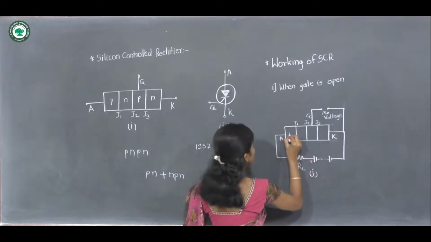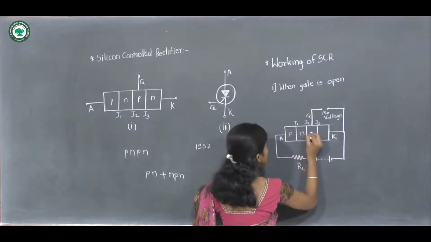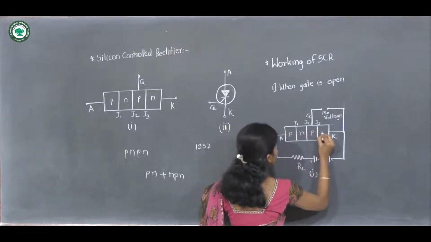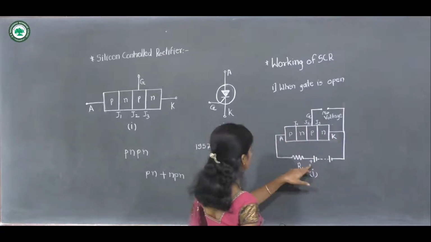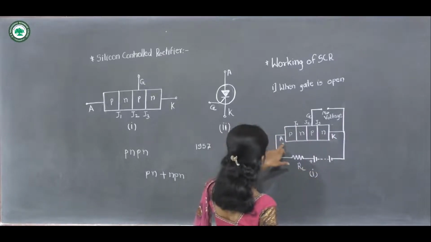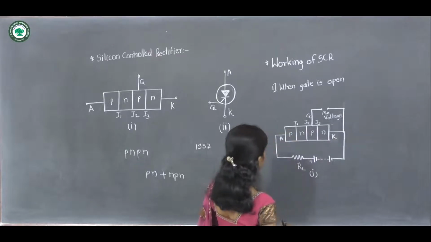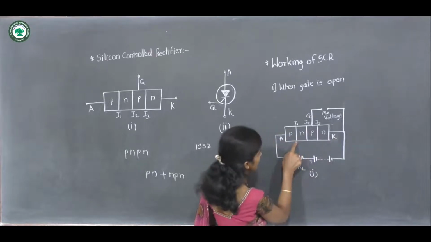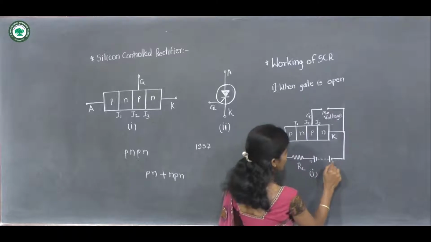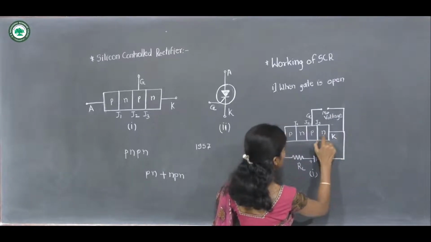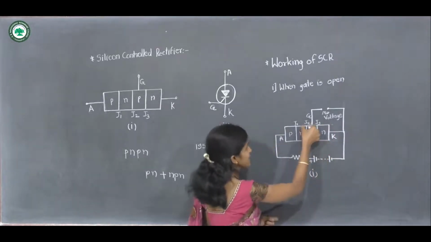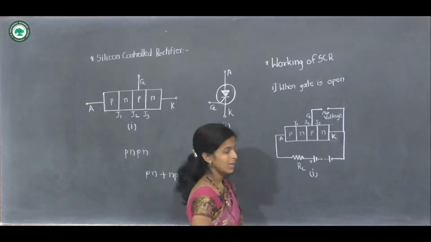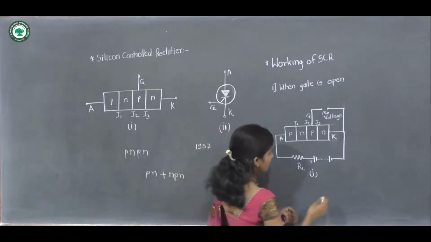As this is a P region, this is N, this is again P, and this is N. So due to application of this positive terminal of the battery to the anode, this junction J1 becomes forward biased. Also due to connection of this negative terminal of the battery to the cathode, this junction J3 is also in forward bias, while this junction J2 is in reverse bias.